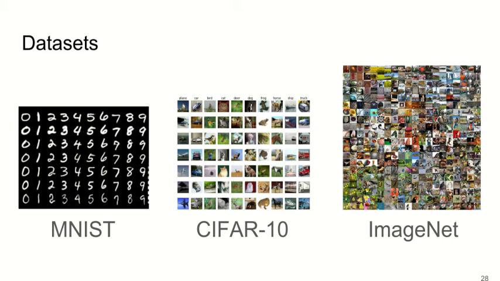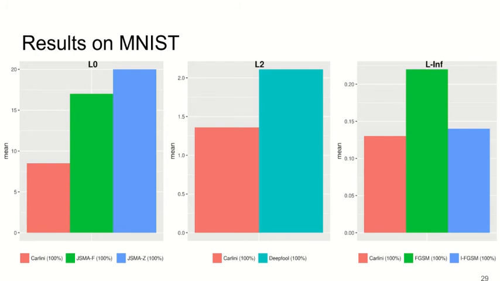Let's see the result. These are the attacks compared under the L0, L2, and L-infinity norms. The pink bar is the one from Carlini, and we can see that in all cases the Carlini attack yields a mean adversarial distance that is smaller than for the other attacks. So what does this mean?